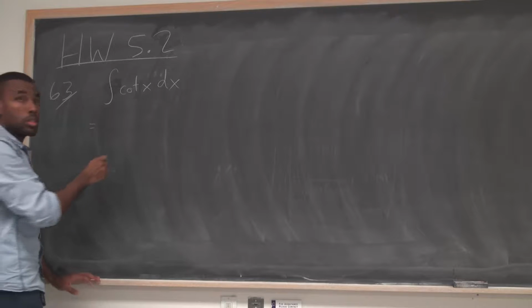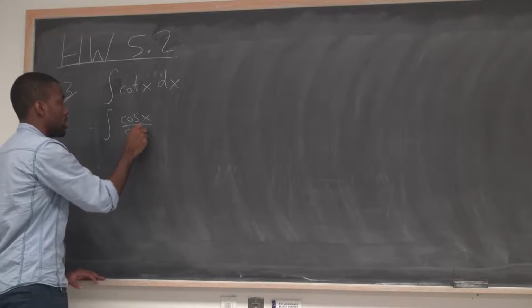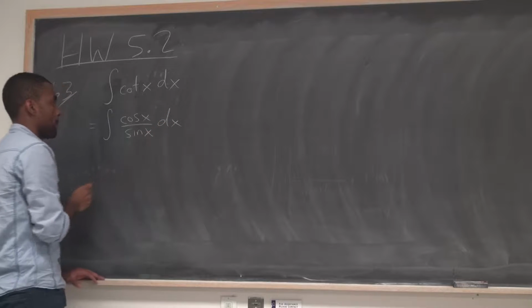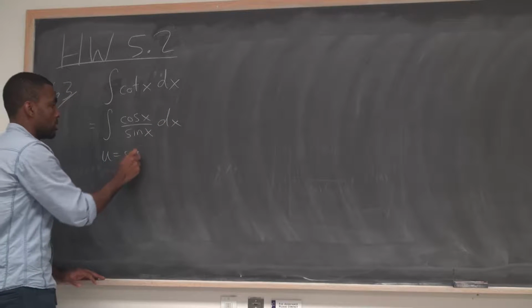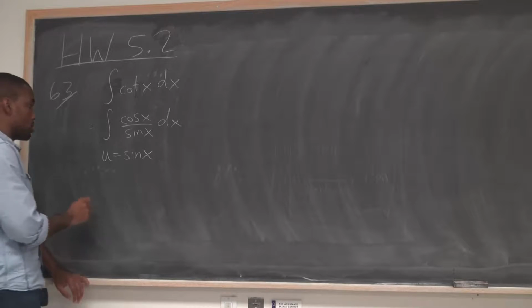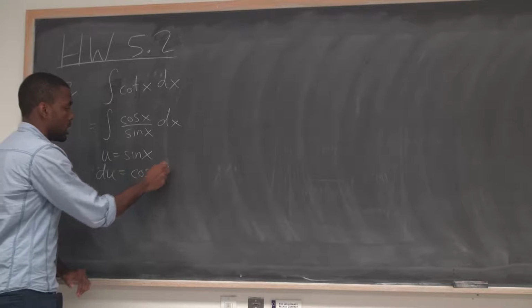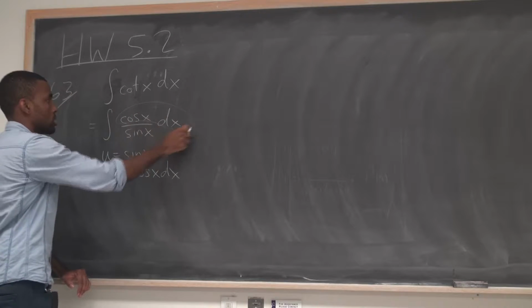Right, this is just cosine x over sine x, and then the next step would be what? u equals sine x, right? The division by sine x is what makes it complicated, so you try to substitute that out. The derivative would be cosine x dx, which we have here.